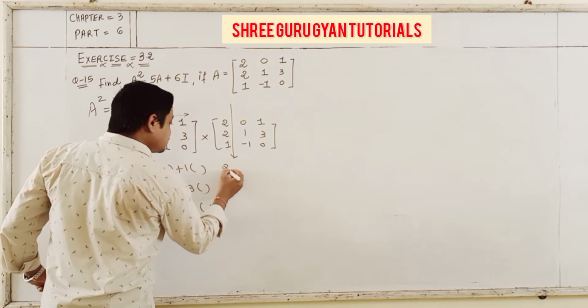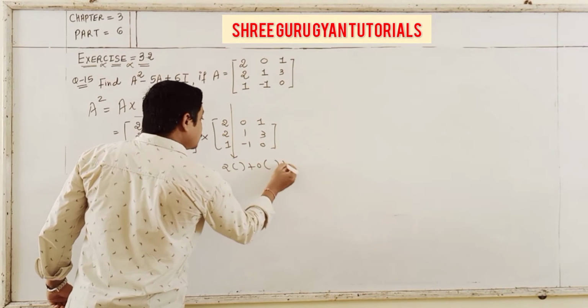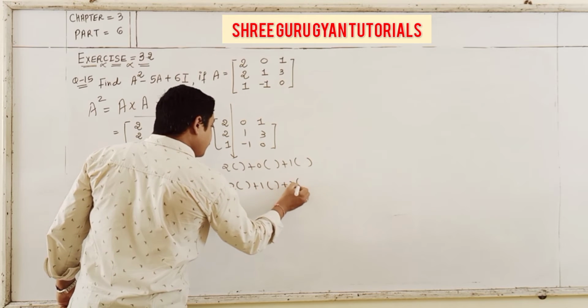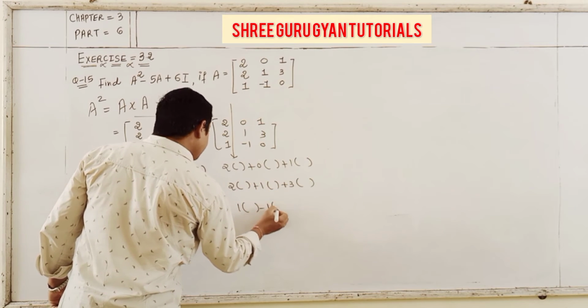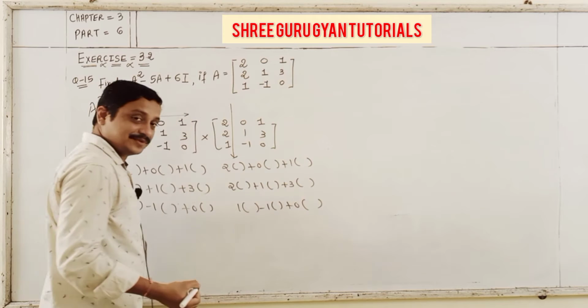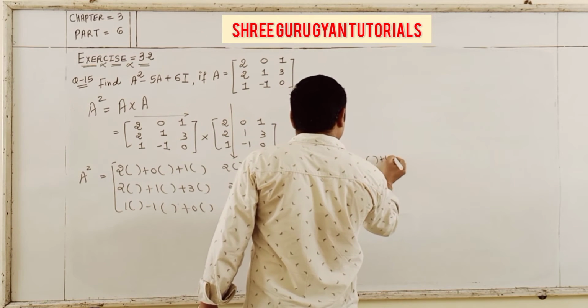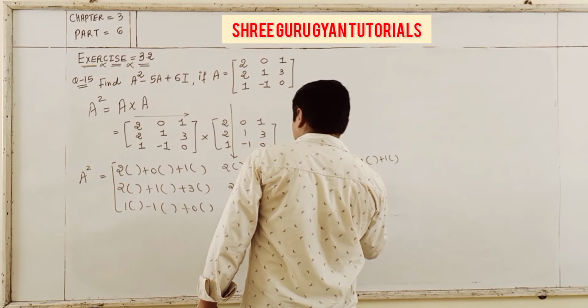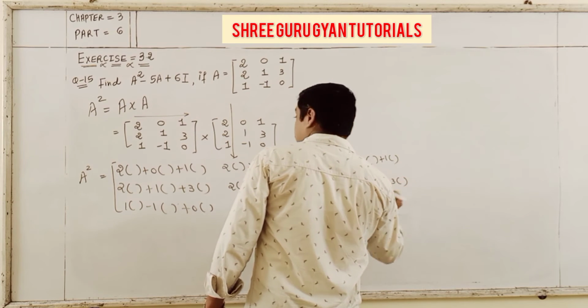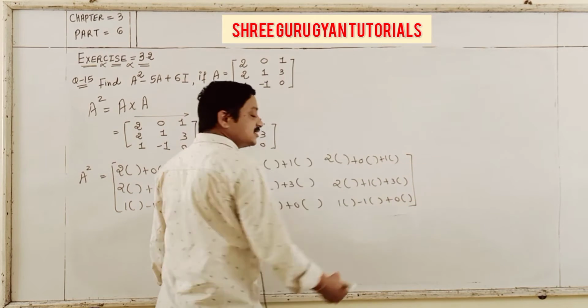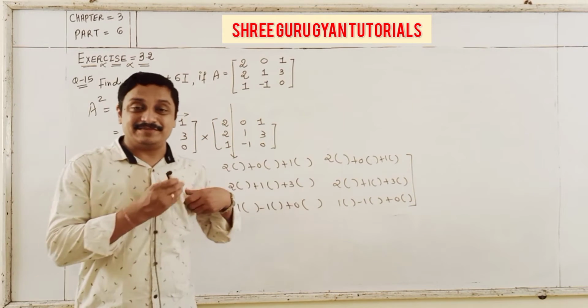Same process: 2 0 1, 2 1 3, 1 minus 1 0, and the last time also the same, 2 0 1, 2 1 3, 1 minus 1 0. Actually students, this is an easy process for matrix multiplication.